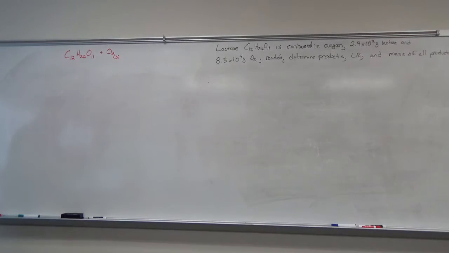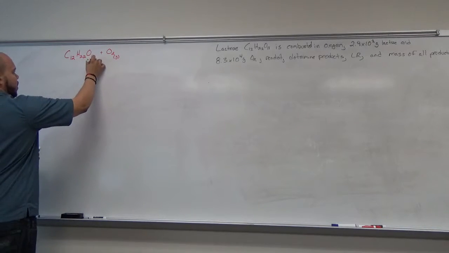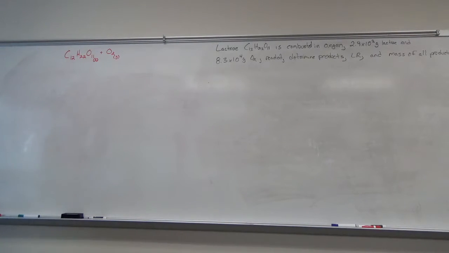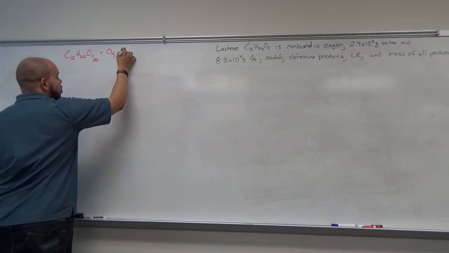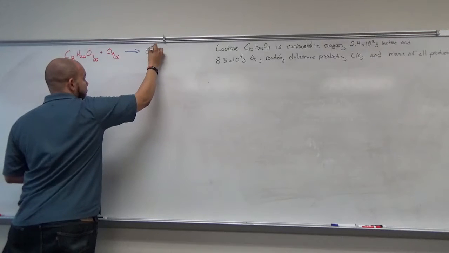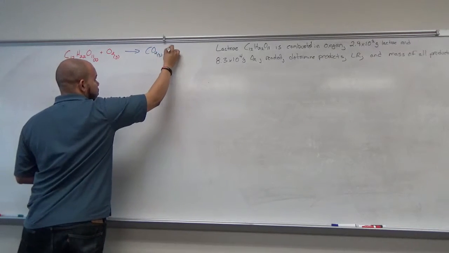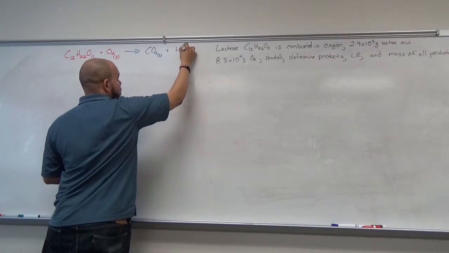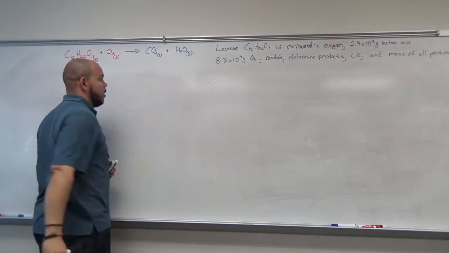Now, lactose is a solid. I guess I should have given that to y'all. Most of your carbohydrates, like bread, are generally solid. We know our products for all combustion reactions of hydrocarbons and carbohydrates are still CO2 and water. Gas, and again, your water can be either gas or liquid. In this case, I'm going to do gas.